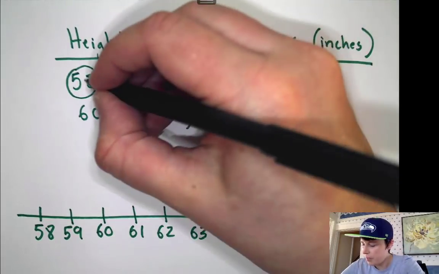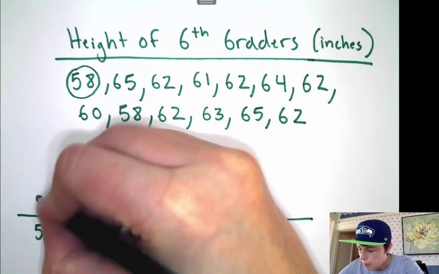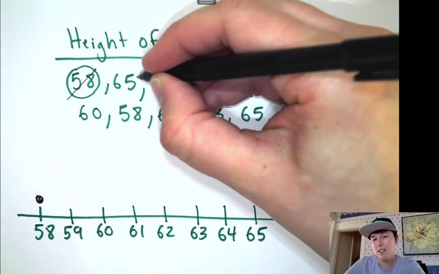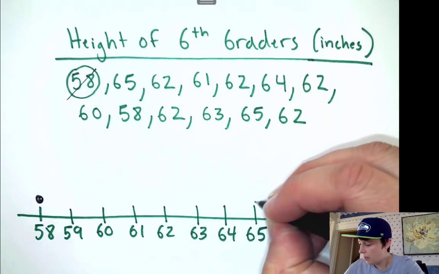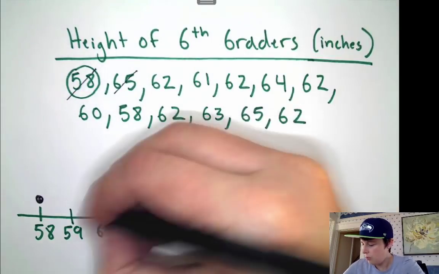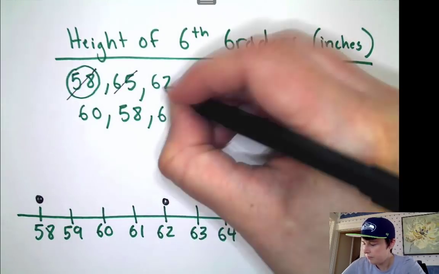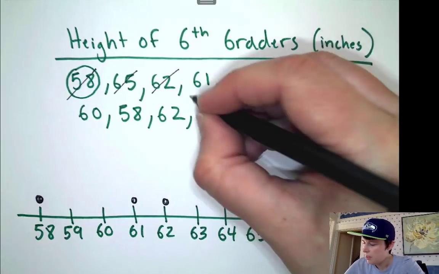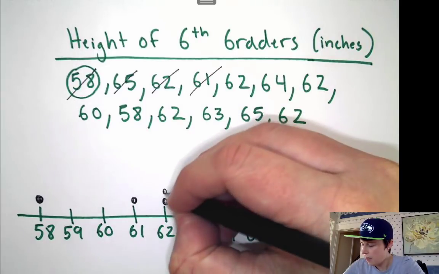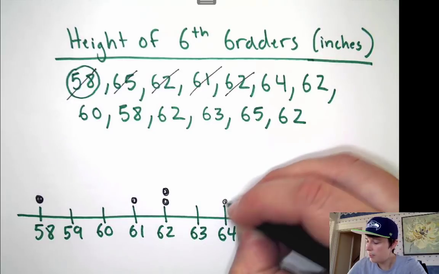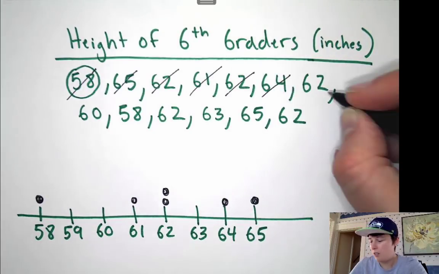So first one was 58, so above 58, I'm going to put a dot. Cross that out. The next one's 65. That's a tall 6th grader up here. I'll put a dot for that guy. 62 is going to be right here. 61, probably here. 62, another guy right here. 64, that'd be right here. 62 again.